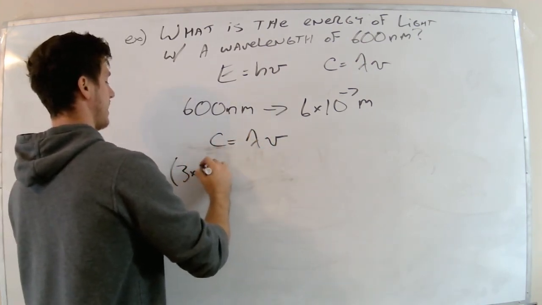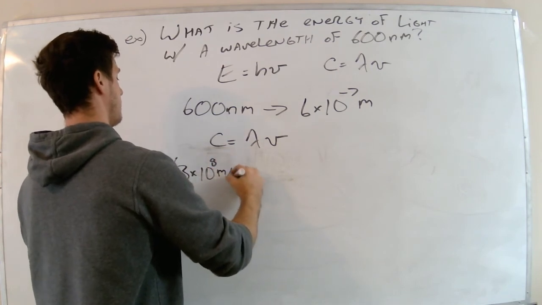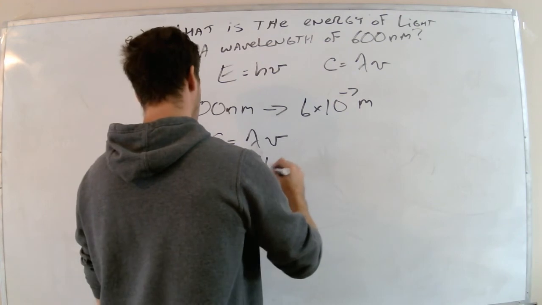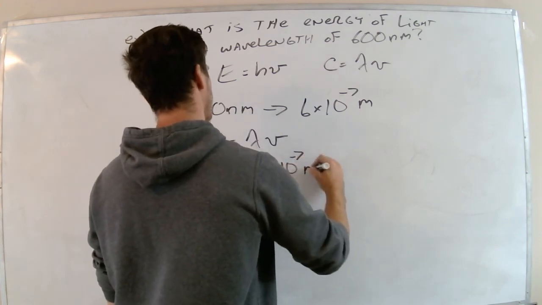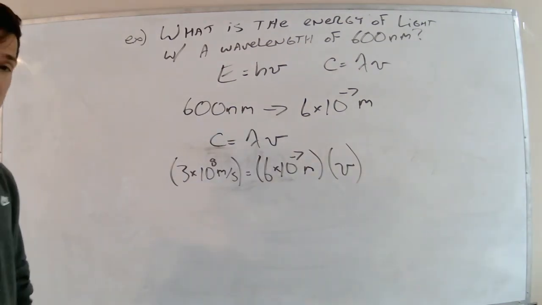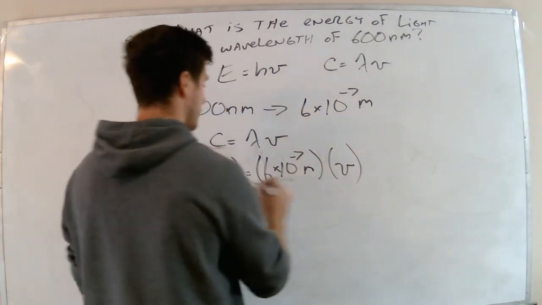c is 3 times 10 to the 8th meters per second. Wavelength I just figured out, which was 6 times 10 to the negative 7th. And I gotta solve for frequency. Do a little algebra here.